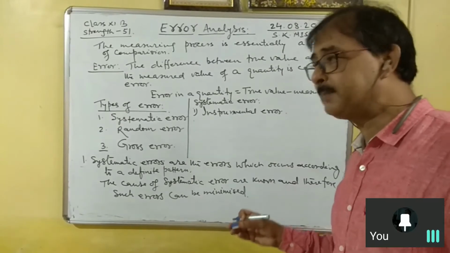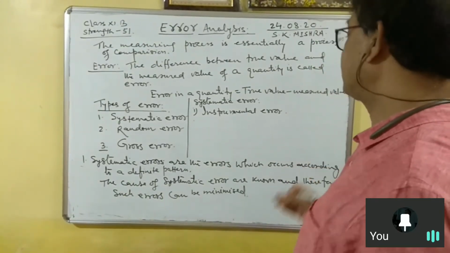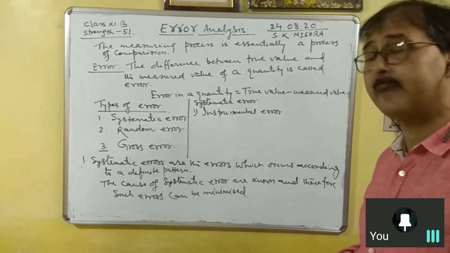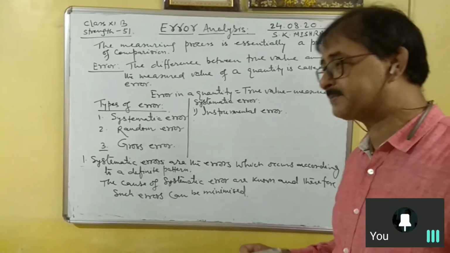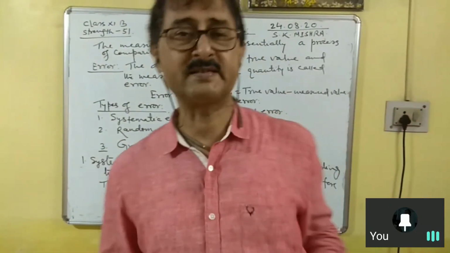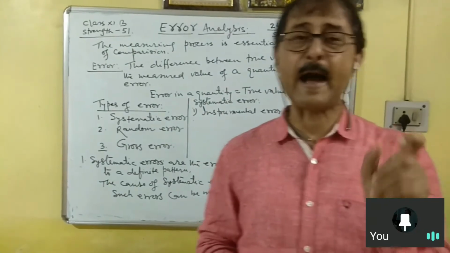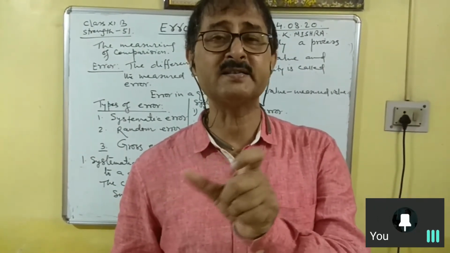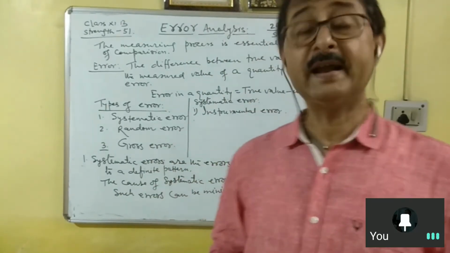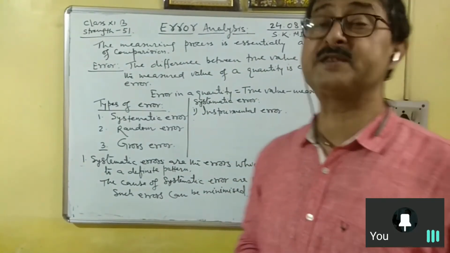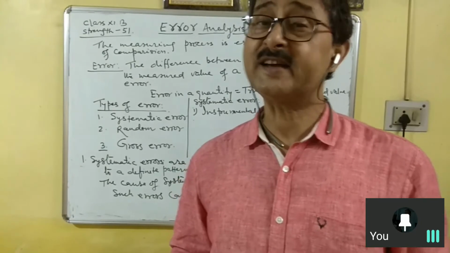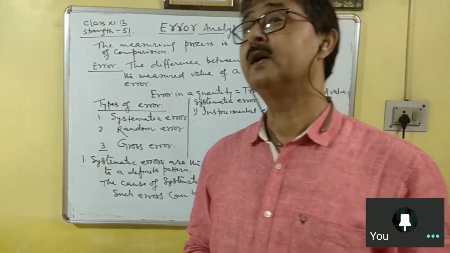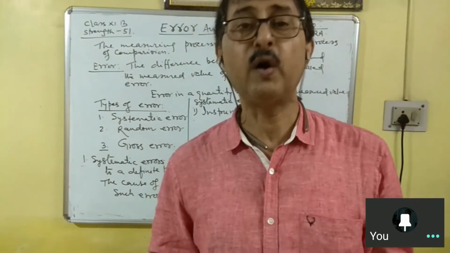At the time of calibration of the scale of the instrument, error may occur. If you have seen a 1 meter long measuring rod, and the gap between 0 to 1, 1 to 2, 2 to 3 centimeter is not the same, then the scale itself is defective. So why does this error arise? Because of faulty calibration.